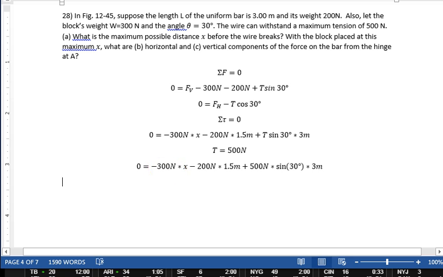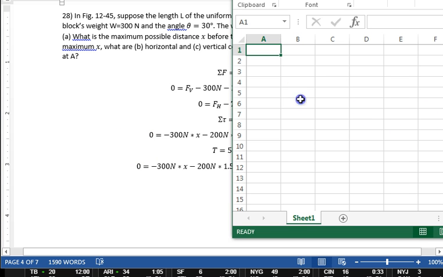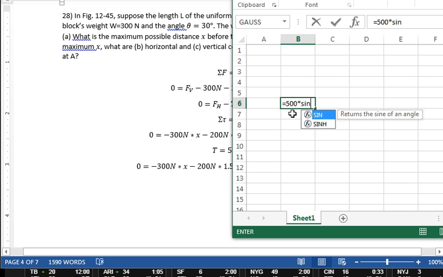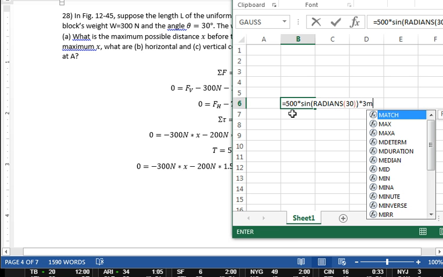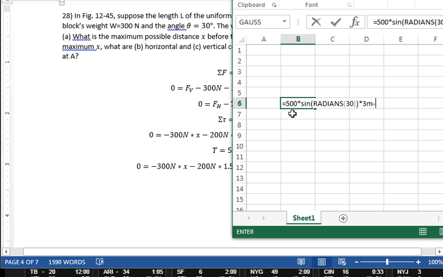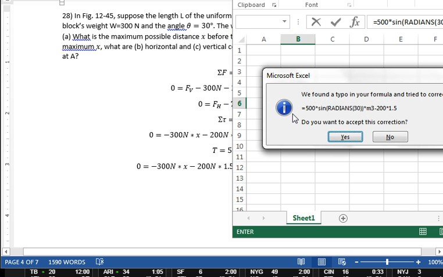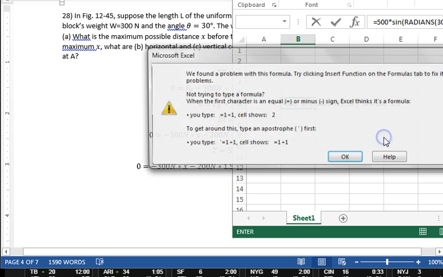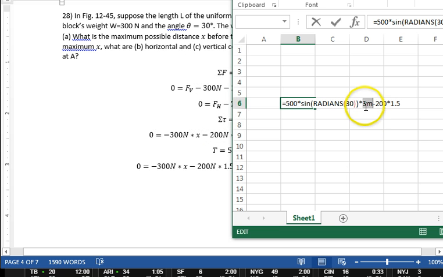Okay, so take the x over there, divide by 300. So we have 500 newtons, which is the tension, times the sine of 30 degrees, times 3 meters, right, minus 200 times 1.5 meters.